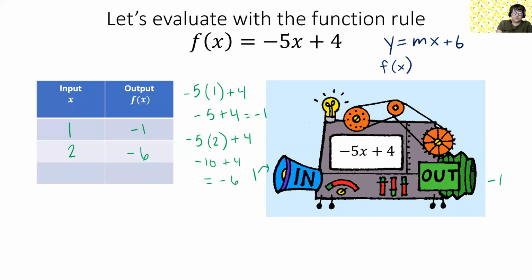And let's do one more input. -5 times 3 plus 4. It's going to give me -15 plus 4 equals -11. So in this case, the function rule is causing our outputs to be negative.